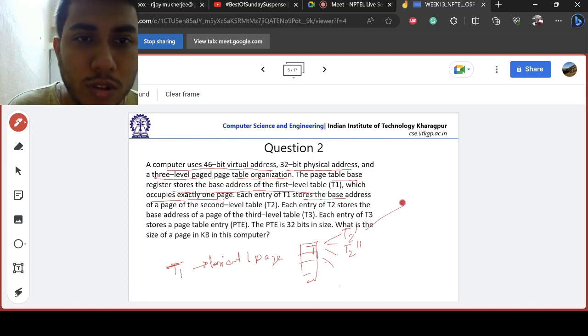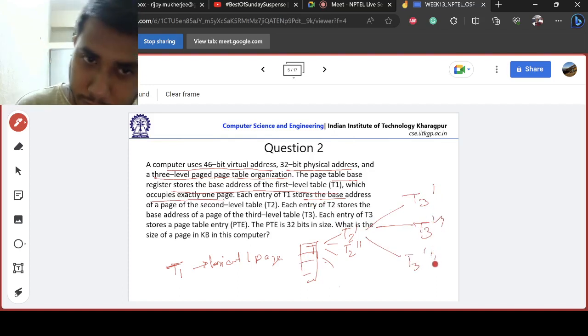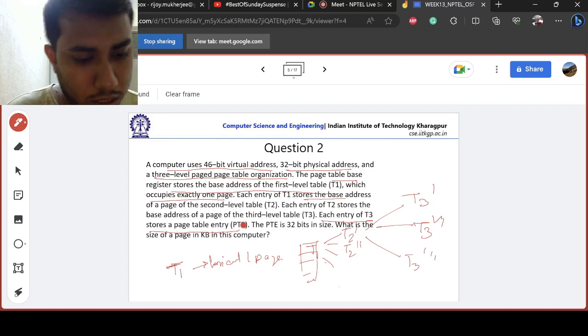Then each entry of T2 holds a third level page table base. Now each entry of a T3 page stores a page table entry.